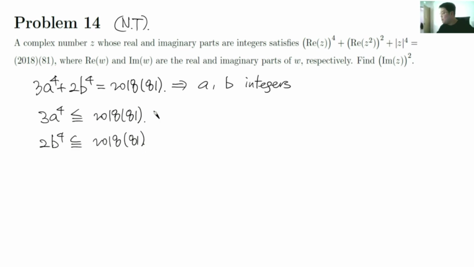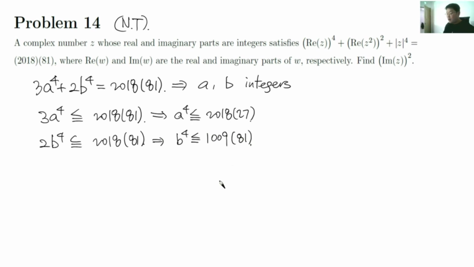Then if we calculate, a to the power of 4 is going to be smaller than or equal to 2018 times 27, and b to the power of 4 is going to be smaller than or equal to 1009 times 81. So what do we have then? If you try out several cases, you gotta try out that absolute value of a is going to be smaller than or equal to 15, absolute value of b is going to be smaller than or equal to 16.